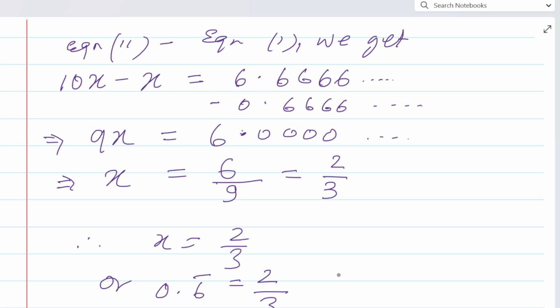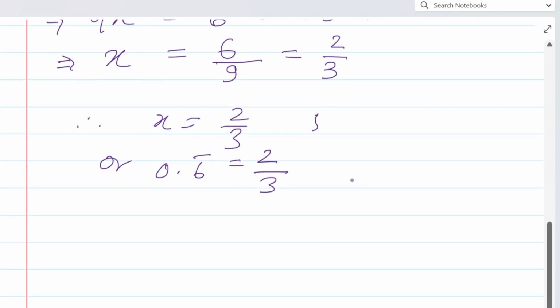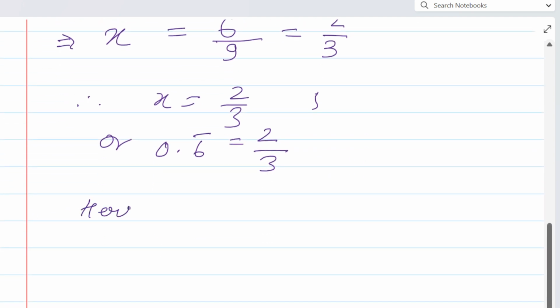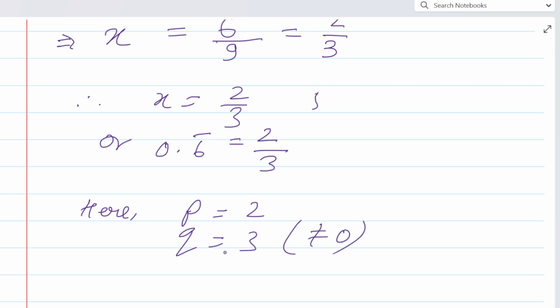So here, what is my p? p equals 2, q equals 3, which is not equal to 0, isn't it? That was the condition: q should not be 0. So this is the answer. 0.6 bar equals 2 by 3, which is in the form of p by q, where p is 2 and q is 3. That is the answer.